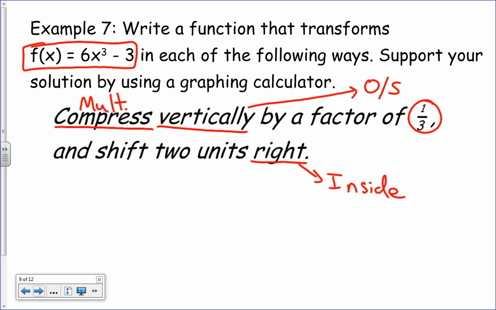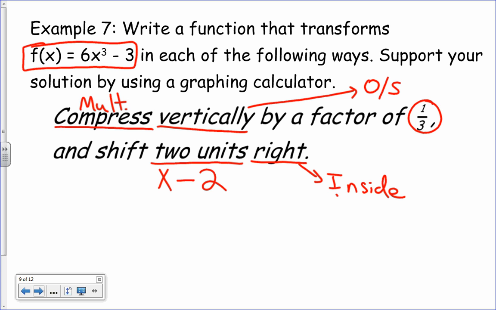And remember, inside is what? Insane. So if inside's insane and you want to shift 2 units right, you're going to add or subtract, right? Which one? Subtract. To shift 2 units right, we have to subtract 2 inside. If we're subtracting 2, that means we have x minus 2 on the inside.